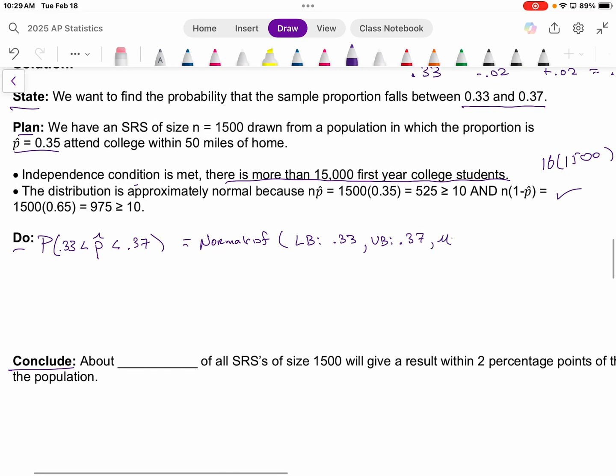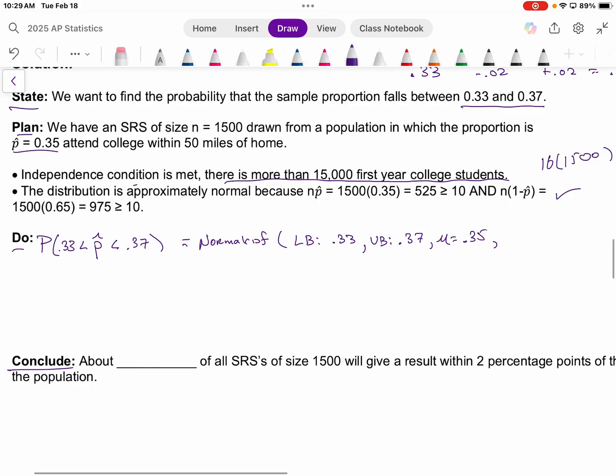My mean is 0.35. Now here's where we've got to be careful. My standard deviation. Now we need to do the formula. The standard deviation for p hat in this case would be the square root of 0.35 times 1 minus 0.35 over 1,500.